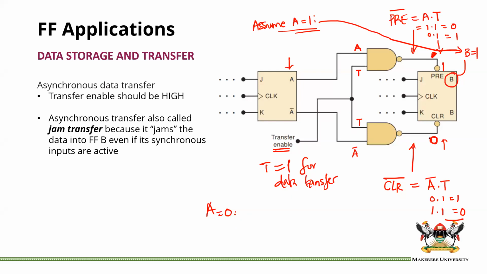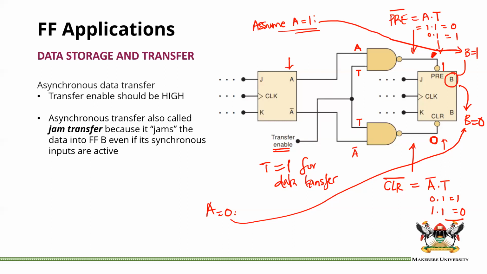If this is the case, we are going to clear the flip-flop because clear is active low. And so if it's a 0, it will clear. Preset is active low, so because it's 1, it's inactive. And by clearing here, B is becoming 0. So this is equivalent to transferring your A, which is 0, and storing it in that flip-flop by making B equal to 0. So you can see how in asynchronous terms, data transfer actually happens.